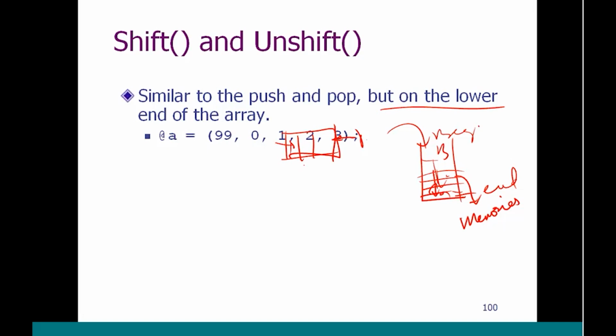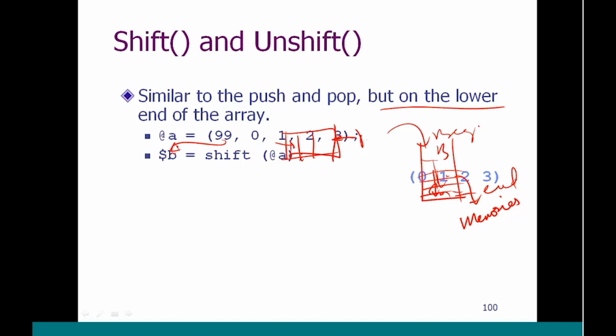So the array is defined as 99 0 1 2 3 and then we shift the array and the result is 0 1 2 3 because now this 99 goes into $B.